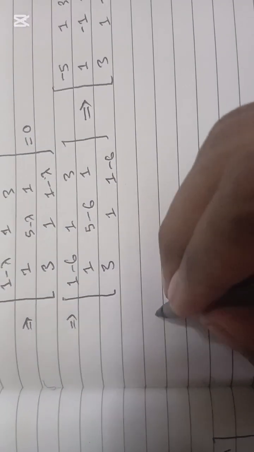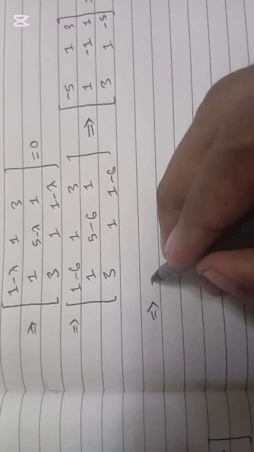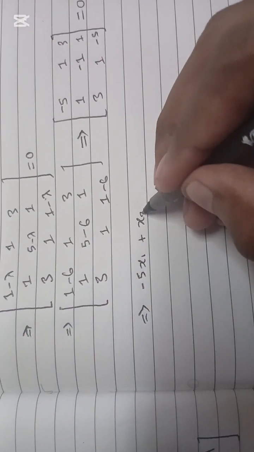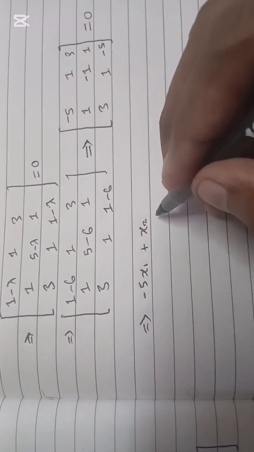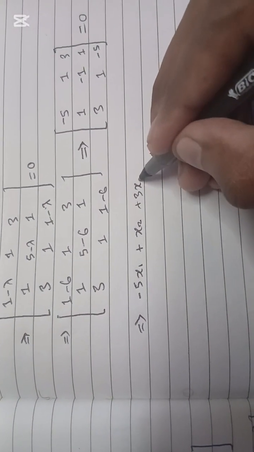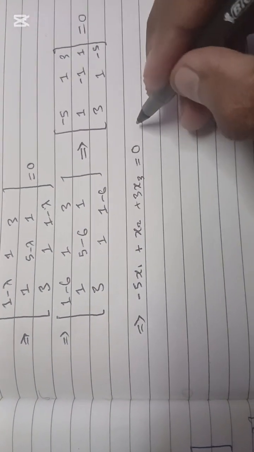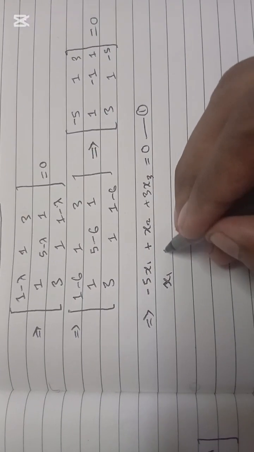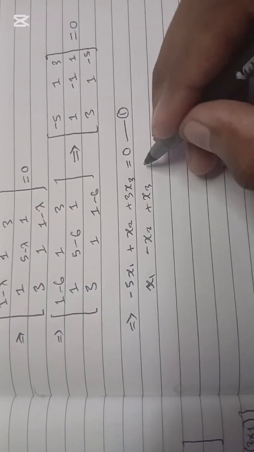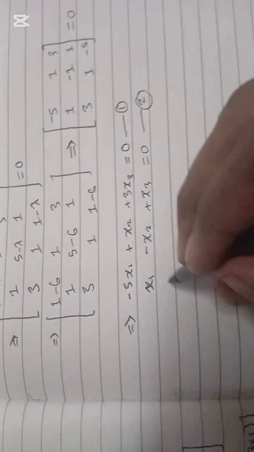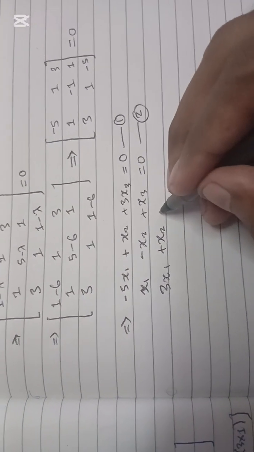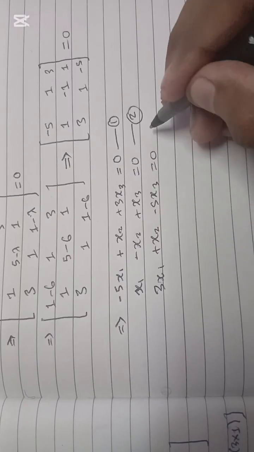From there we just write it in the normal equation form. Equation 1 is 5x1 plus x2 plus 3x3 equal to 0. Equation 2 is x1 minus x2 plus x3. Equation 3 is 3x1 plus x2 minus 5x3.